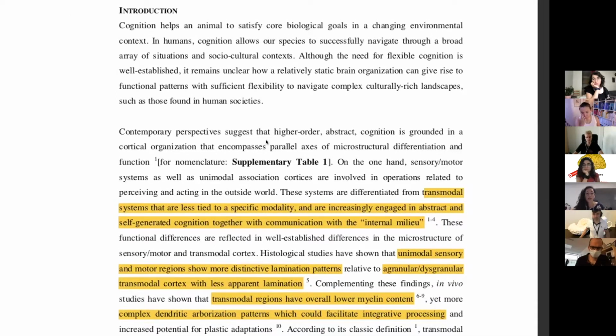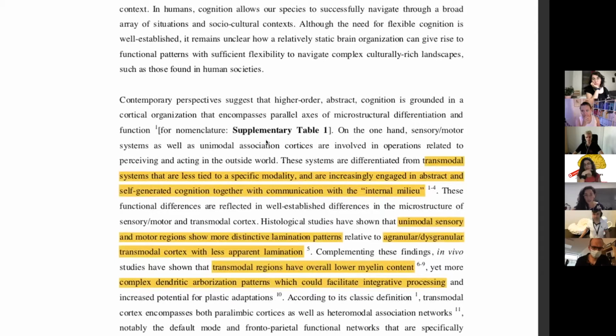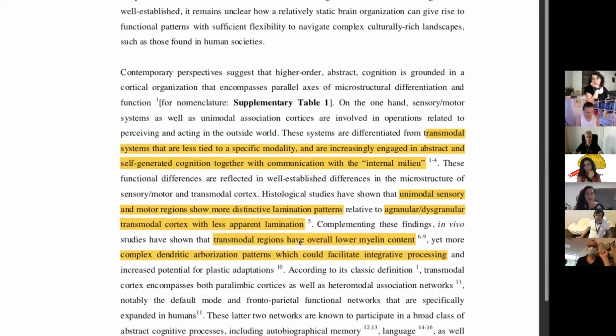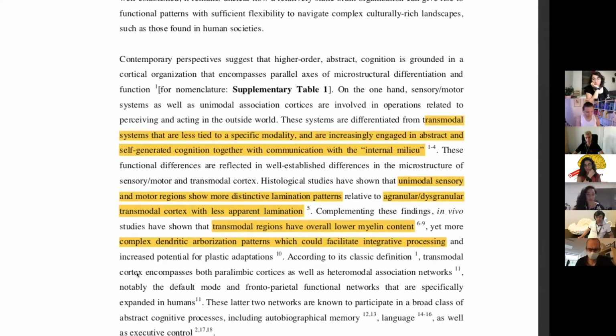Transmodal systems are related to highly cognitive functions and functions that are engaged in abstract processing and self-generated cognition, while unimodal systems are more related to sensory and motor regions that are specifically dedicated to one modal cognitive function. There are differences also in the brain structures that support transmodal and unimodal systems.